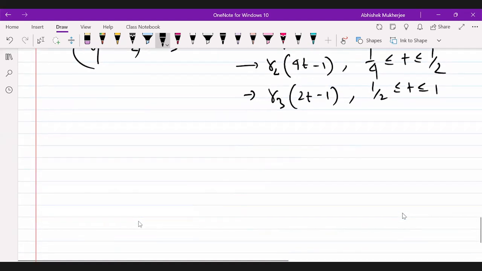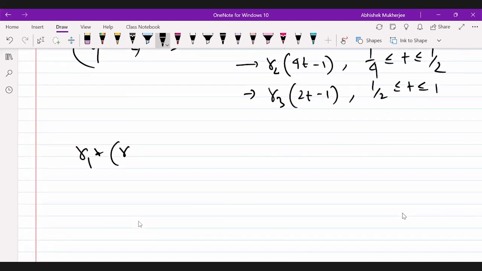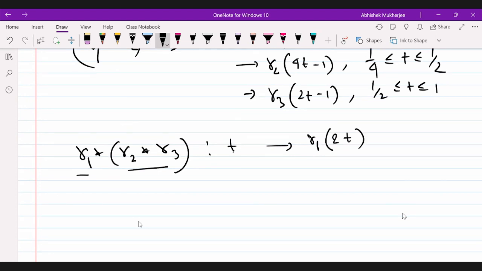Now let's do it for this path. First of all, you need to consider gamma 1 and this one together. So you need to divide the interval into 0 to half. For that 0 to half, this t will be mapped to gamma 1 of t, right?